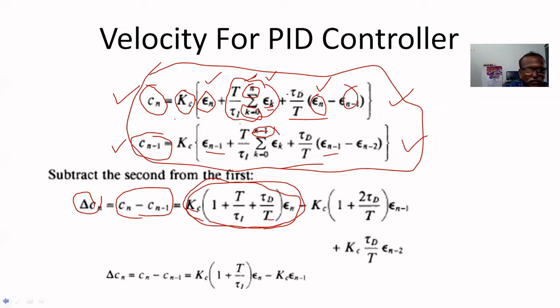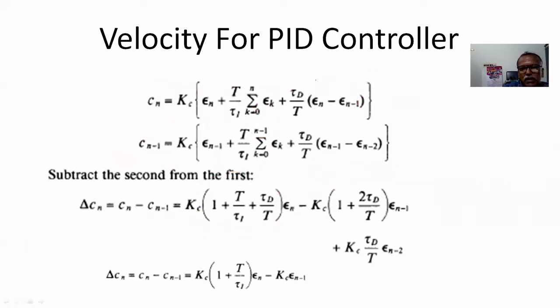For the second term, we consider all the n-1 terms. Here it's there, here it's there, here it's there. Here it's not there, because it gets cancelled, and En alone remains.